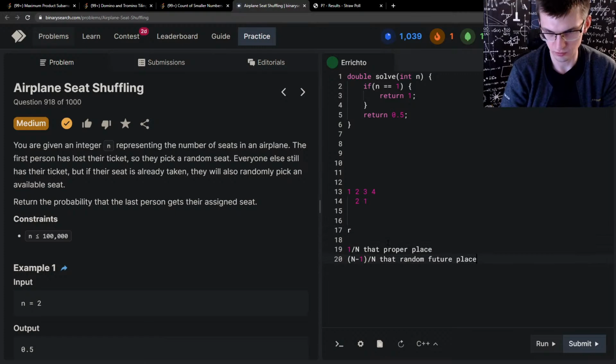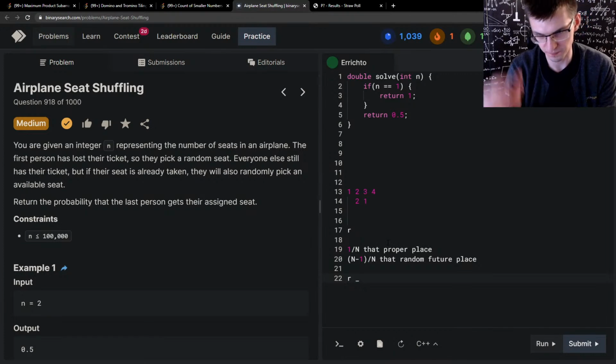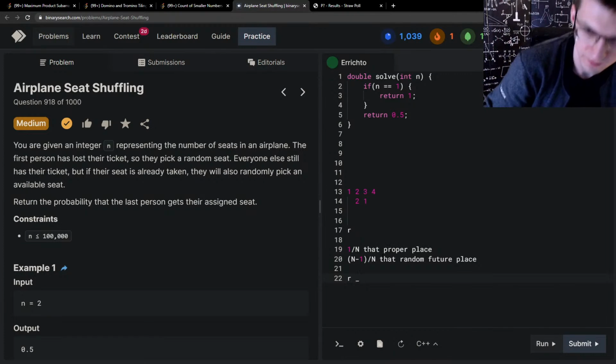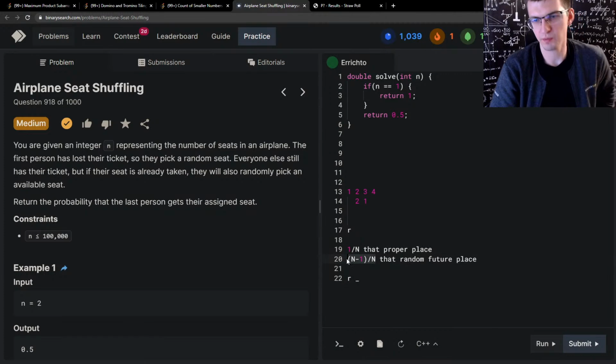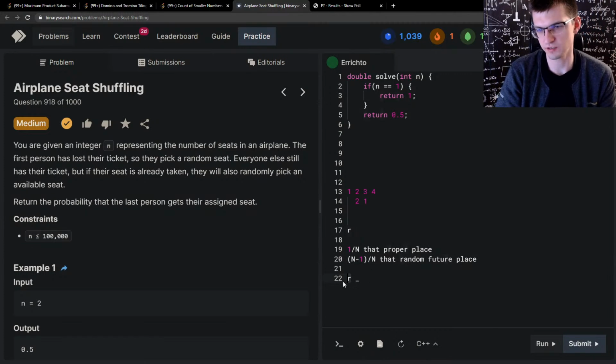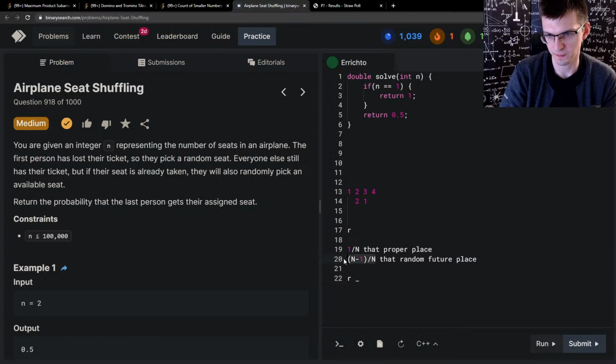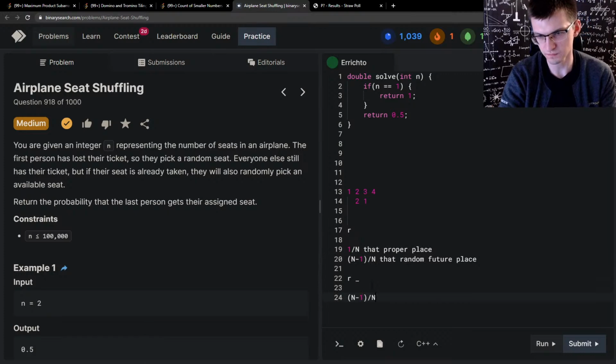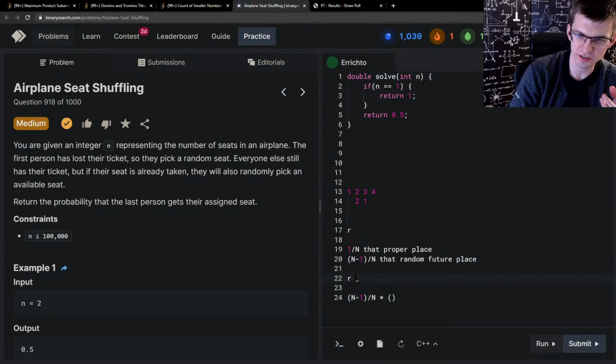Then we look at the second position, second seat. We have this probability that this guy was on a random place. And now, out of this, the first person sits on one random place out of n minus 1.